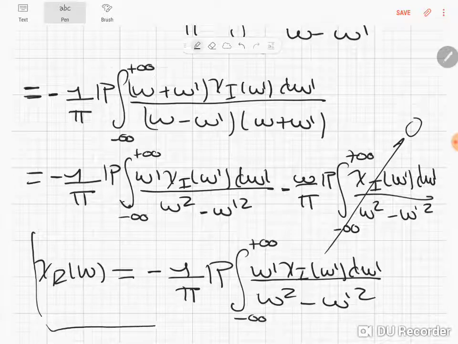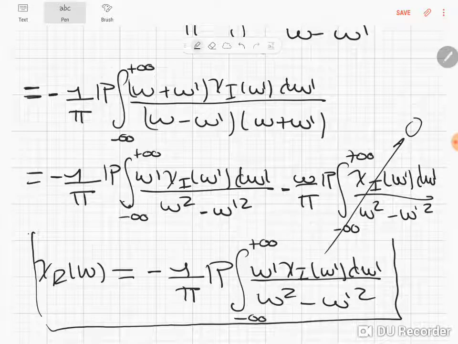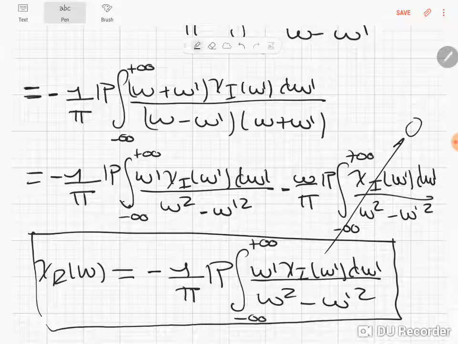So then this is another form to write the Kramers and Kronig relation, but now with a quadratic denominator.